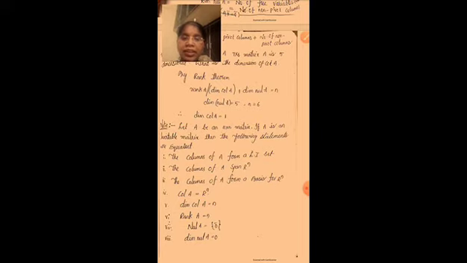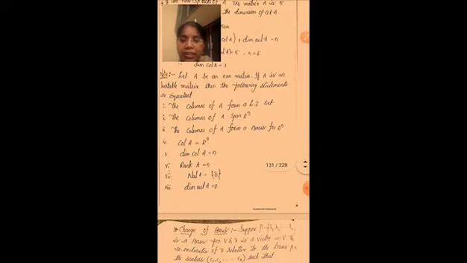Let A be an n by n matrix. If A is an invertible matrix, then the following statements are equivalent. So see here, first of all, A is an n by n matrix and A is invertible, then only these 8 conditions are satisfied.